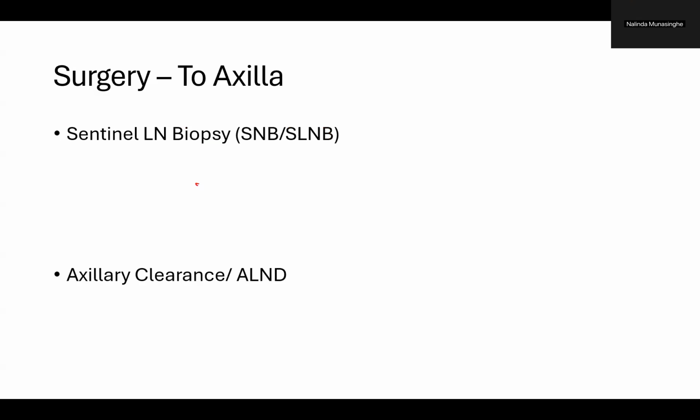So next question, what are the surgeries done to the axilla? Now, traditionally, it was an axillary clearance or axillary lymph node dissection. Now, we do that surgery only for the patients who have been diagnosed to have positive nodes in the armpit, either clinically, radiologically, or sometimes if you're not sure, you can even do an image-guided FNA of the lymph node to see whether it's really involved or not.